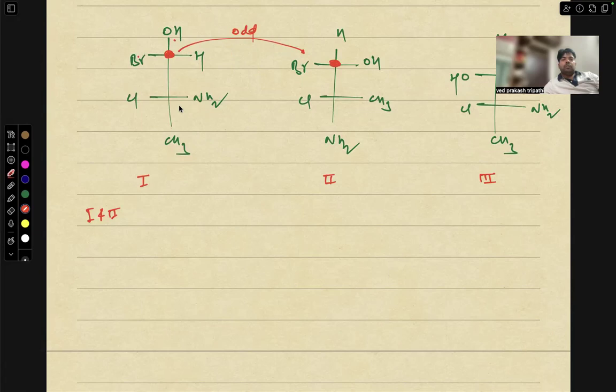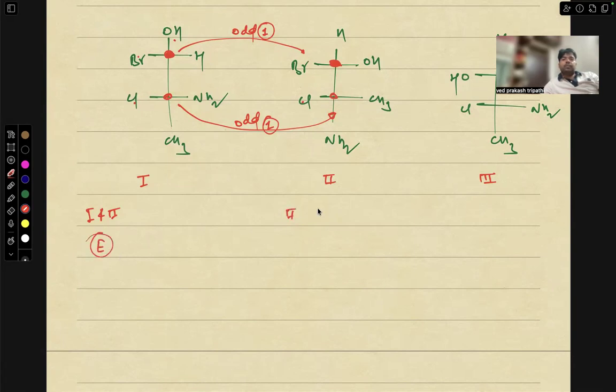Now in the bottom one, chlorine left, and there is exchange between NH2 and CH3. So this is again odd, because one exchange in the top, one exchange here. So both are odd. Do not add them, like top odd, bottom odd, so odd plus odd is even. No. Always consider one on one, this top to this top, bottom to bottom. So both are odd, it means enantiomer.